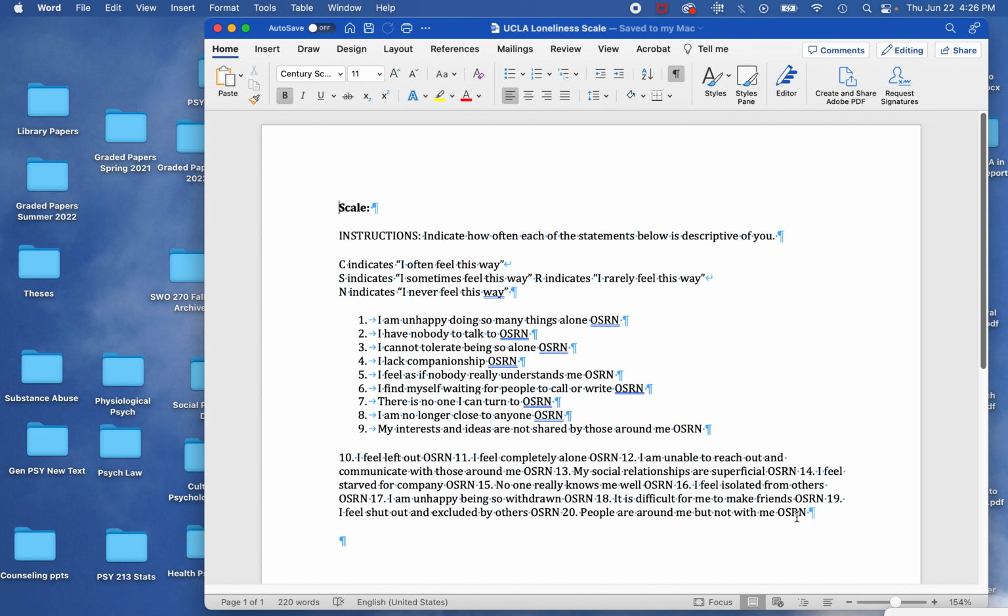Anyway, loneliness scale. The hypothesis: since the 2020-2022 pandemic, people are feeling more lonely. Null hypothesis: people aren't feeling any more lonely than they ever have. The dependent variable is loneliness. The independent variables are all 20 questions.